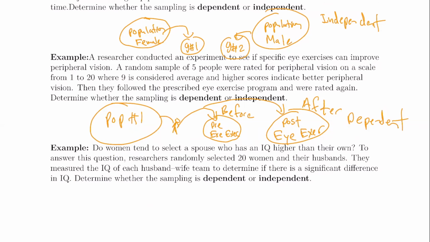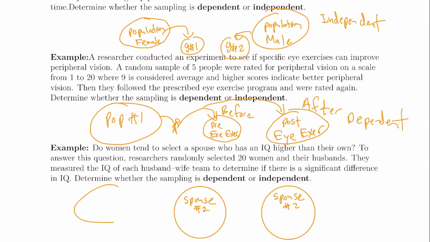So we're going to call them spouse 1 and spouse 2. So we have spouse 1, and we have spouse 2. For this one, kind of imagine we have our two populations. Say we randomly select all married couples for this one population.